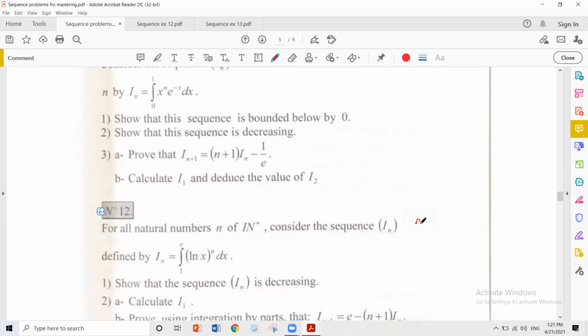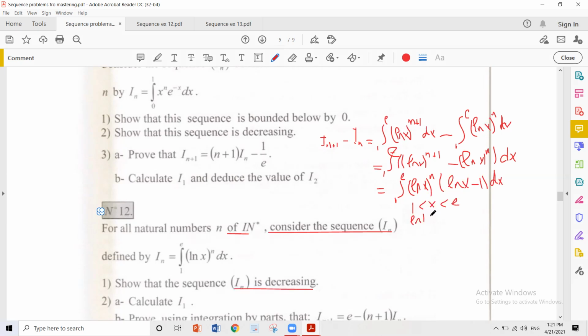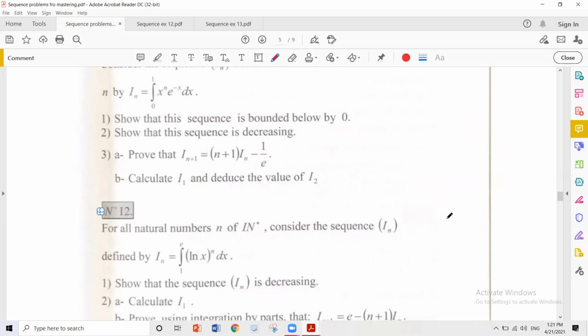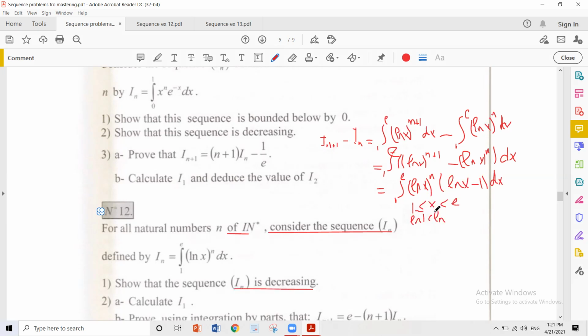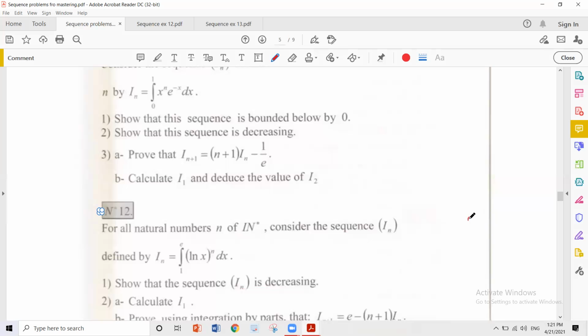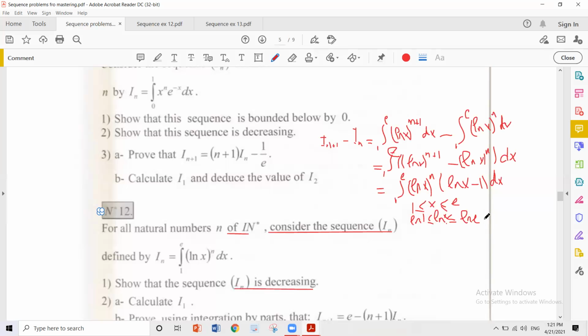Taking ln of the two sides, ln 1 is less than or equal to ln x, which is less than or equal to ln e. ln 1 is 0 and ln e is 1, so ln x is less than or equal to 1.